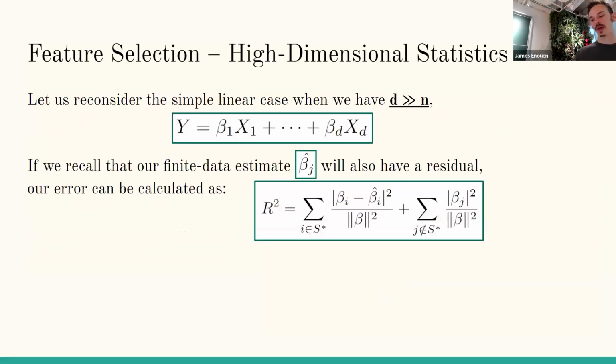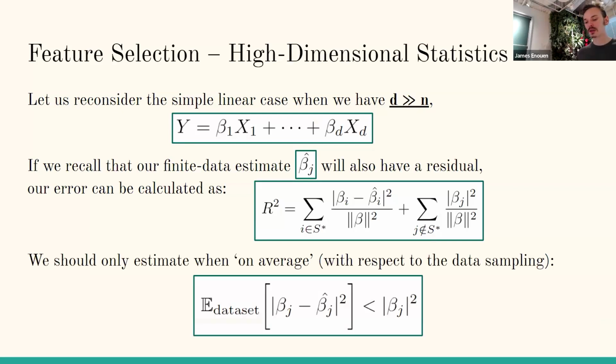Okay, so then if we do that, our error can instead be written this way, where we remember that our beta I hat cannot be exactly equal to beta I. And so then accordingly, we want to include those where our beta hat can be close to beta I and not include those where it will be far away.